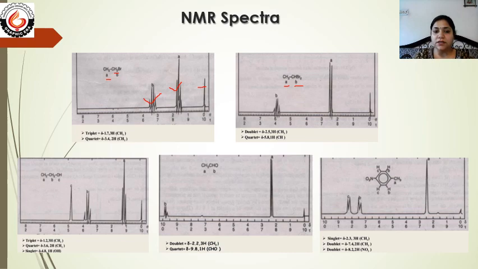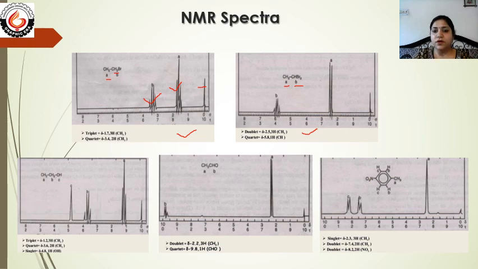Earlier it was between 3 to 4, but due to the presence of one more bromine, it is shifted up to 6. Then the CH2 has slightly less deshielding, so it is from 2 to 3, but it is slightly higher as compared to the first spectrum because two bromines are there in the second case.